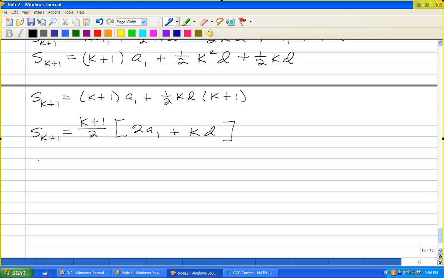So this is equal to k plus 1 over 2a1 plus, let me write k as, maybe I'll do it like this, as k plus 1 minus 1.